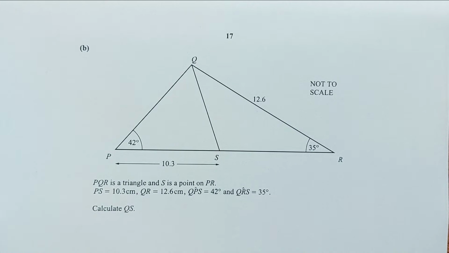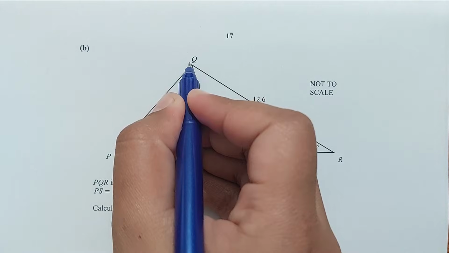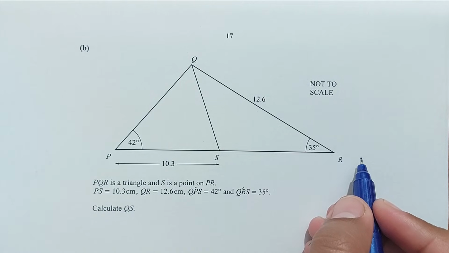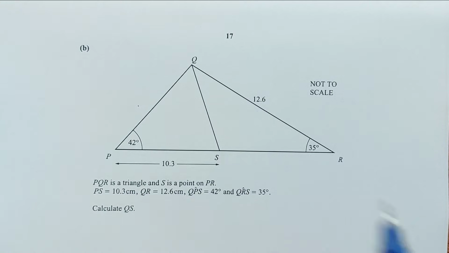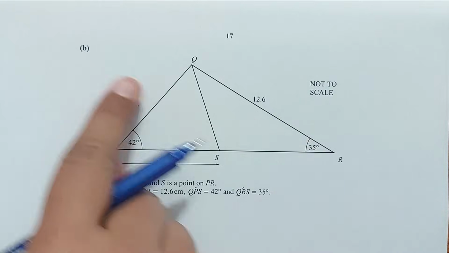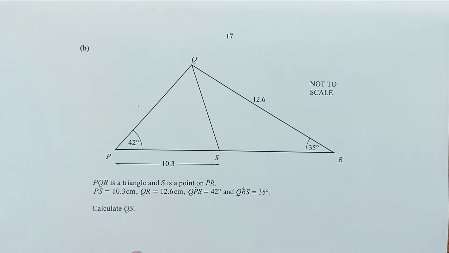So here let me consider the triangle P, Q and R, right? Applying the law of sine and solving for PQ. The side PQ over sine of angle 35 degrees, sorry, it's 35, would be equal to 12.6 over sine of 42 degrees, right?